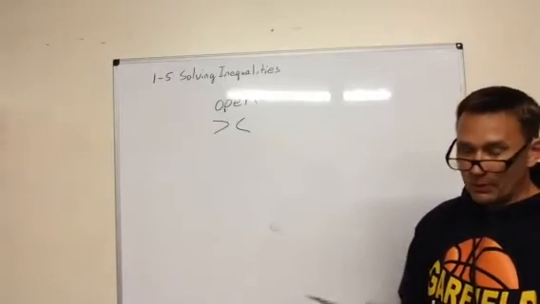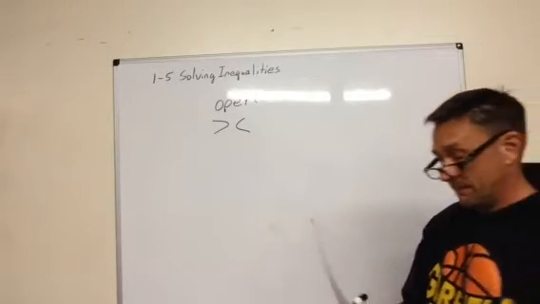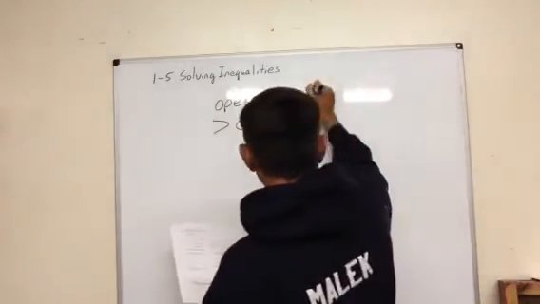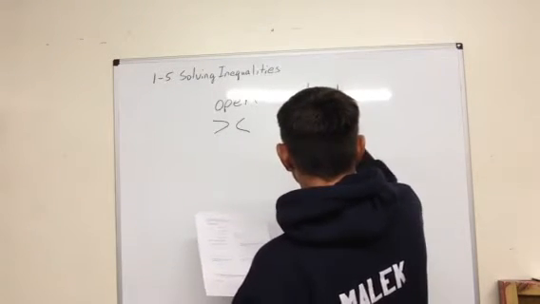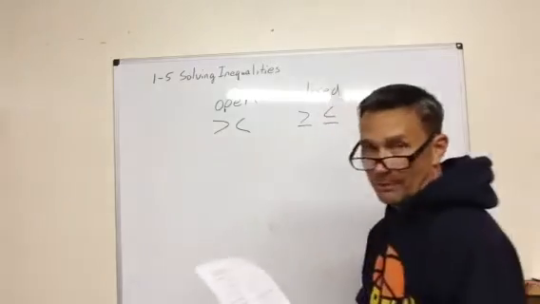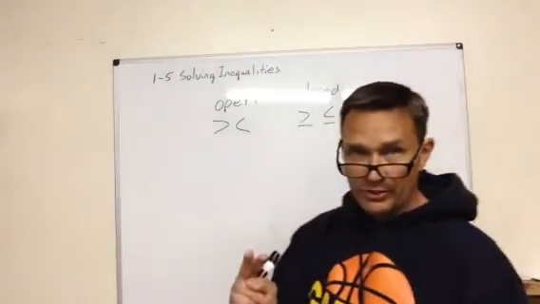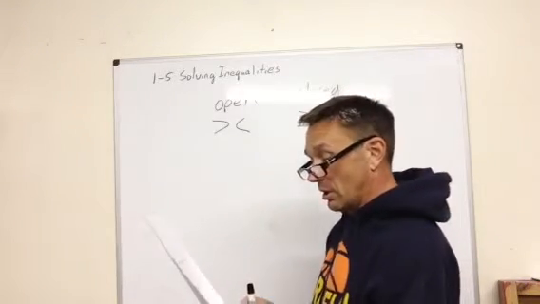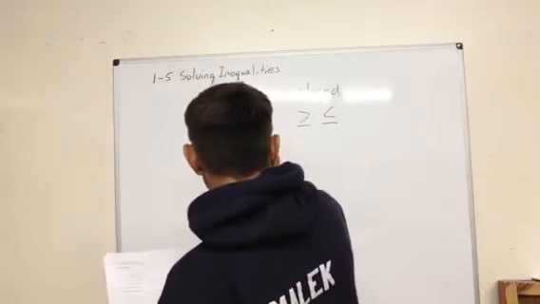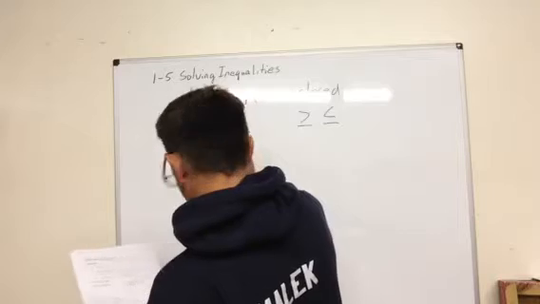And I'll explain what open circles and closed circles are here in a minute. If it's closed, this means greater than or equal to, less than or equal to. Because when we're graphing, there's 2 things to remember: whether it's an open circle or closed circle, and also which way does it shade.